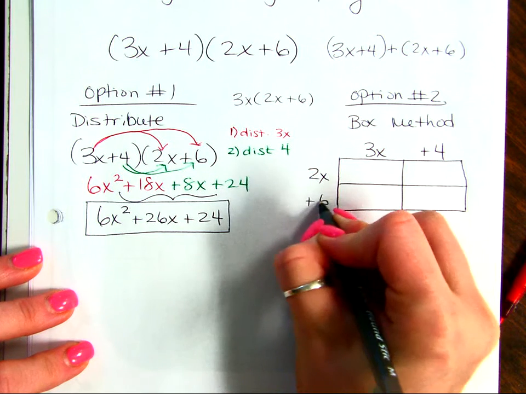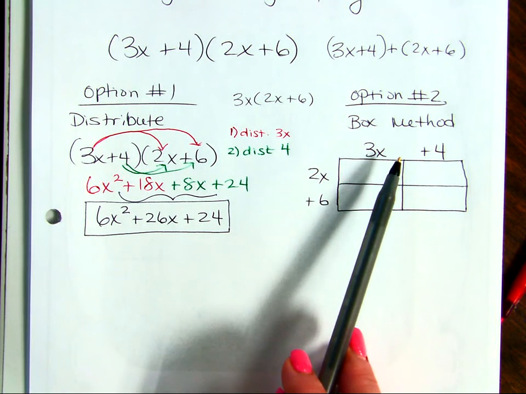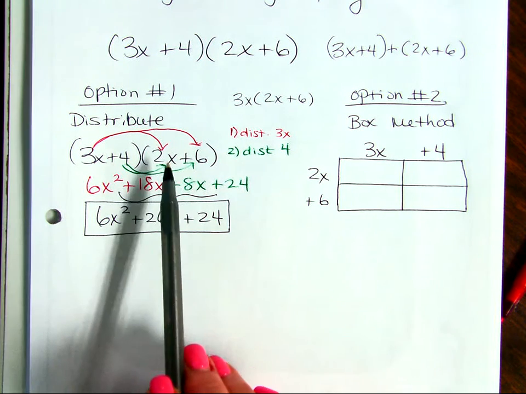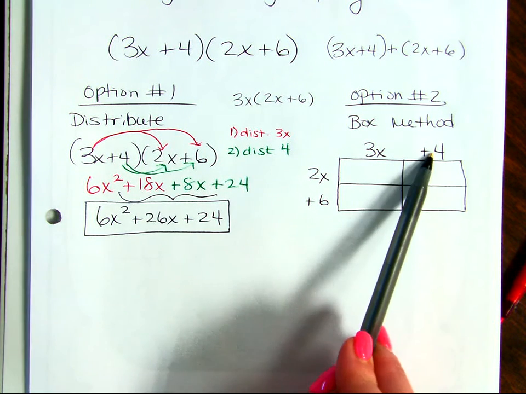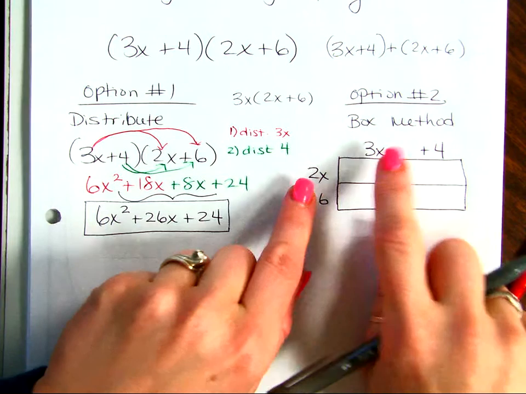And notice the sign in the middle doesn't go in the middle, because it's not an operation. It's not addition or subtraction. That's a positive 4 and a positive 6. And then, you know how to play Battleship, right? You say E12, and then you follow it like that. So I'm going to take these two.